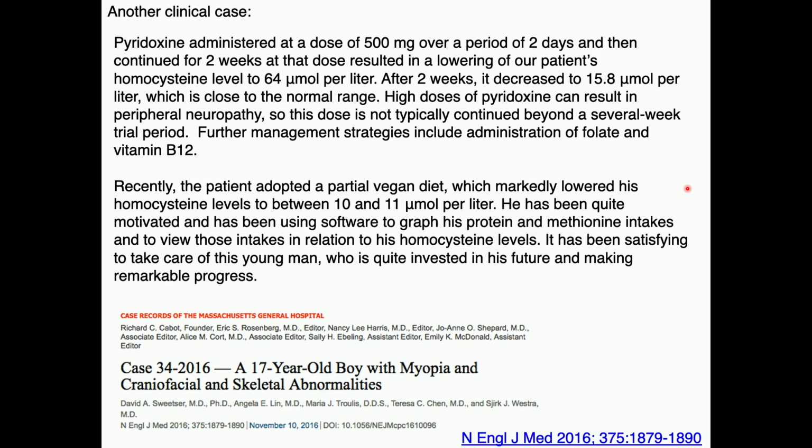Collagen is important for bone formation, but it's also important for a lot of other things.